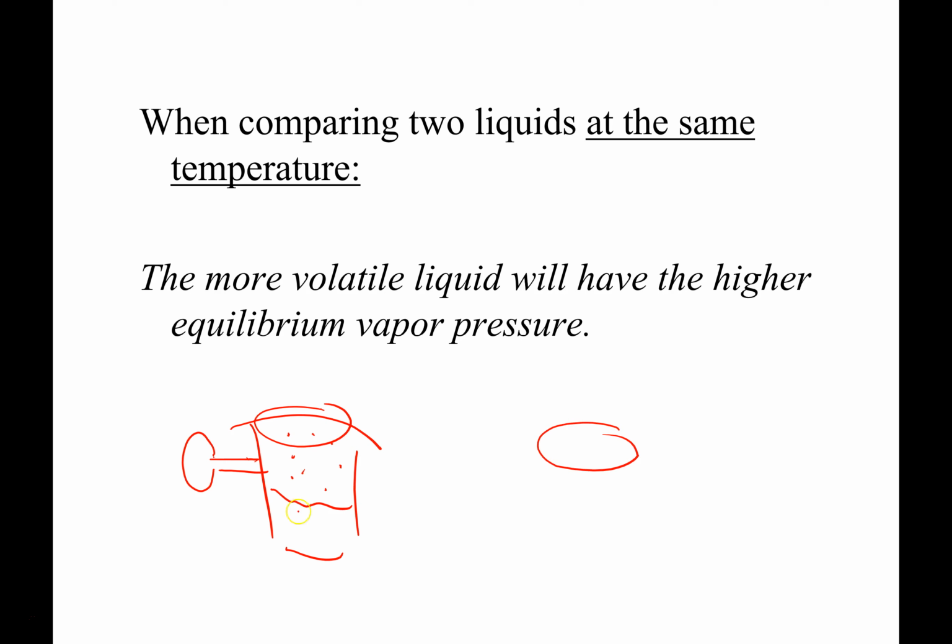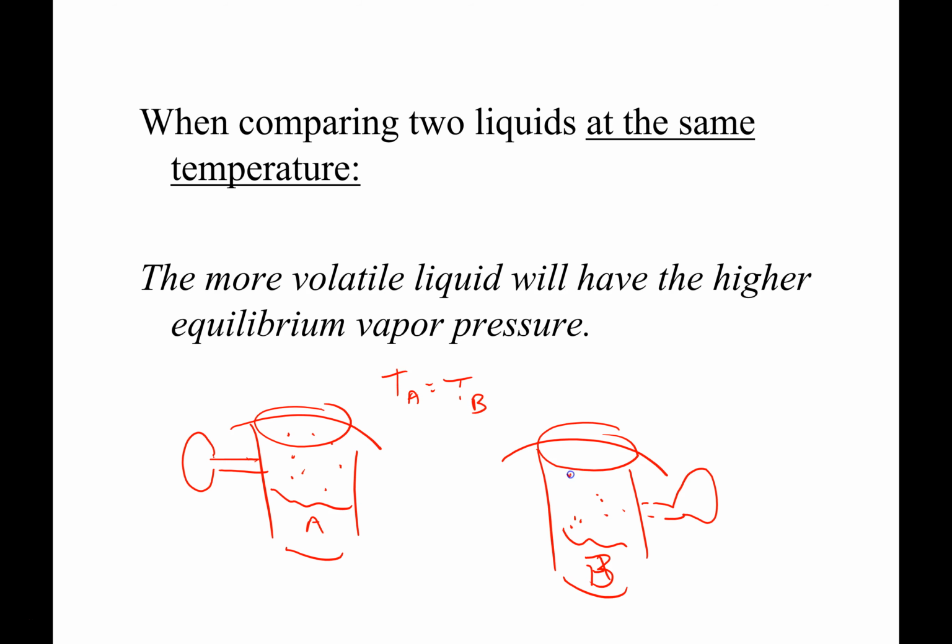And then here's my B. It's going to be a dynamic equilibrium. I'm going to cap it off, and here is my pressure gauge. The more volatile liquid will have the higher equilibrium vapor pressure. So this is T of A equal to T of B, the same temperature.